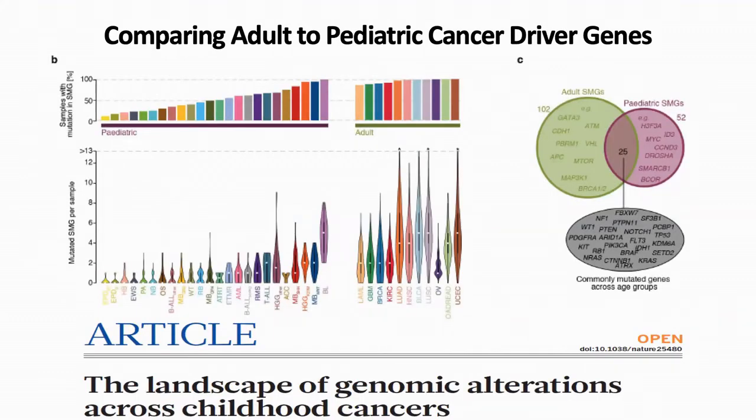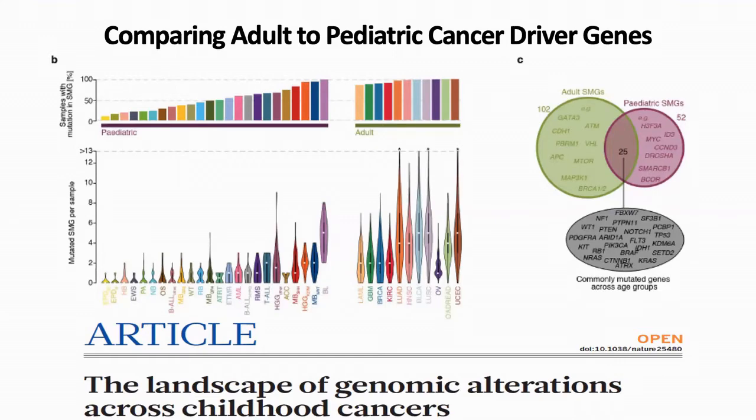This is just another paper from Nature a couple of years ago, not our work, but really reinforcing, on the left-hand side of this slide, the grave differences in mutation prevalence in pediatric cancers compared to adult cancers. The pediatric cancers are on the far left, and this really focused on significantly mutated genes.